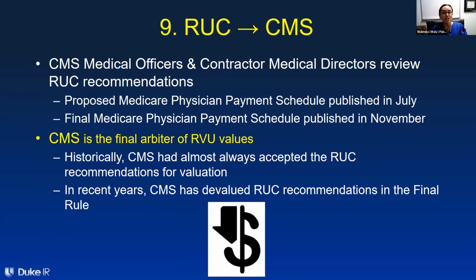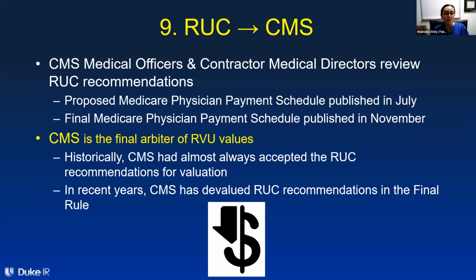As I mentioned earlier, after a code goes through the RUC valuation process and the RUC comes up with RVU recommendations, those recommendations are submitted to CMS. And the CMS medical officers and contractor medical directors review the RUC recommendations and then decide what they're going to adopt, what value they're going to adopt for each particular code.